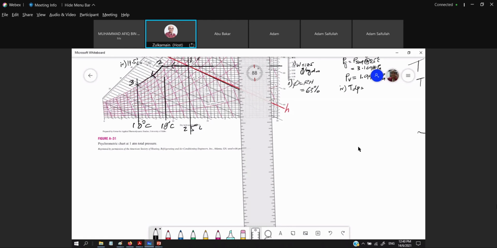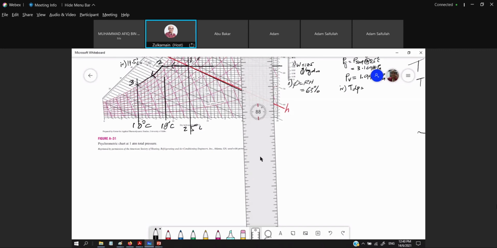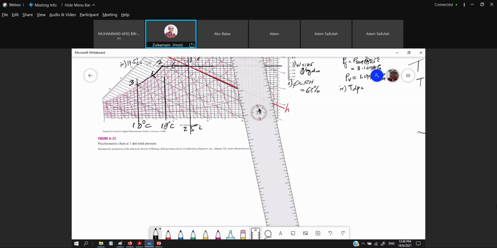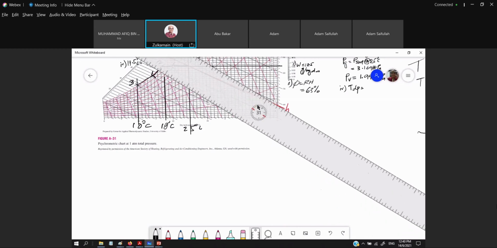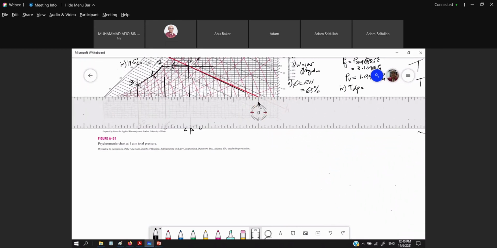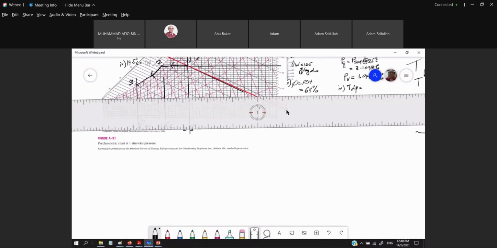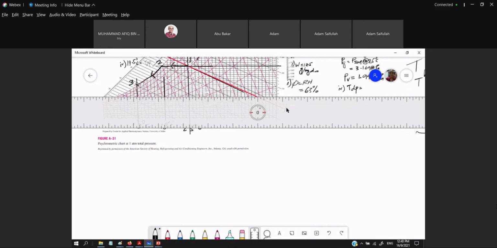Okay. So now let me sketch from that point 3 to the new point where we heat it up at 18 degrees C. So horizontal. Let me put it as close as horizontal. This one.